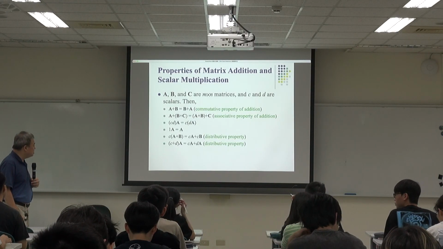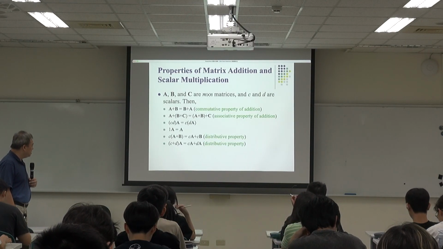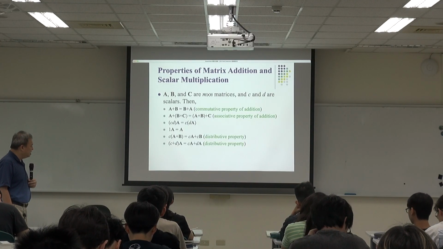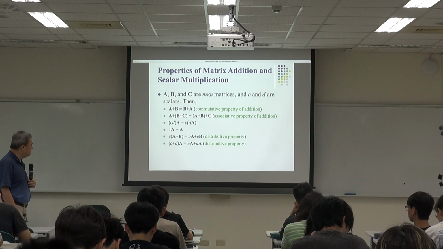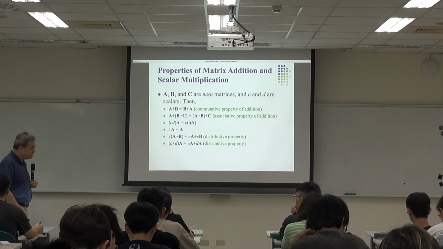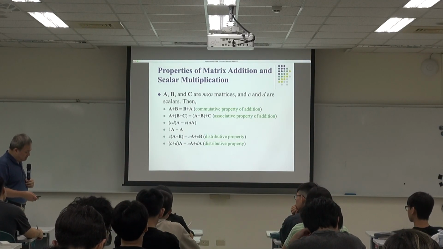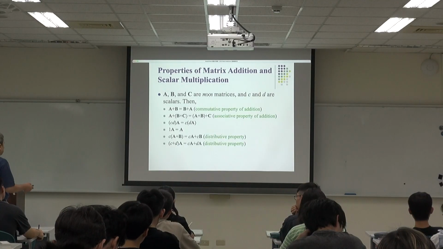In this class, you are going to see more proofs, probably not as much as in discrete math. However, we still have quite a lot of proofs to talk about.